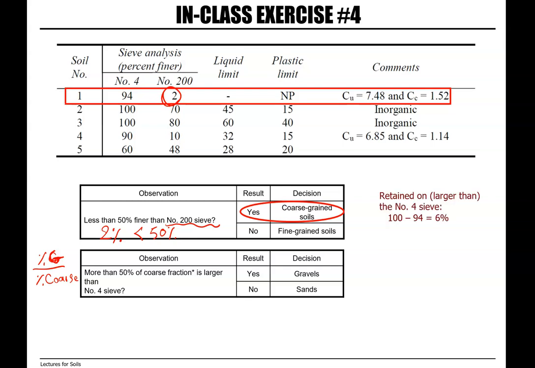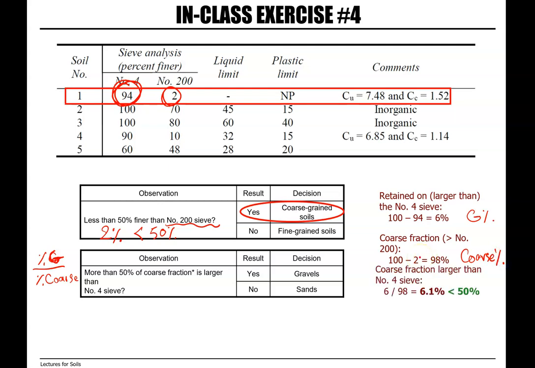Percent of gravel retained on number 4 is 100 minus 94%. Percent of coarse material is 100 minus 2. Divide 6 by 98 and multiply by 100, you get 6%.